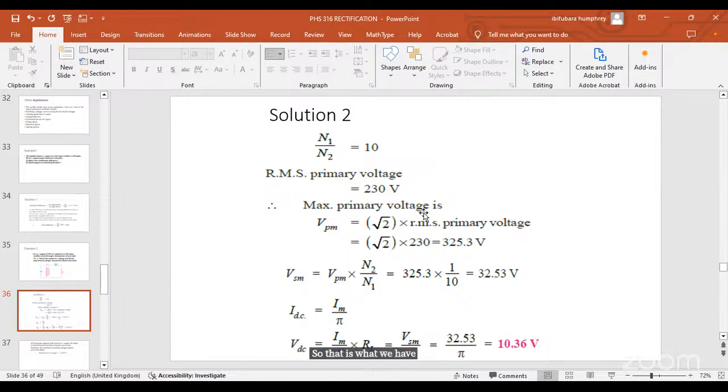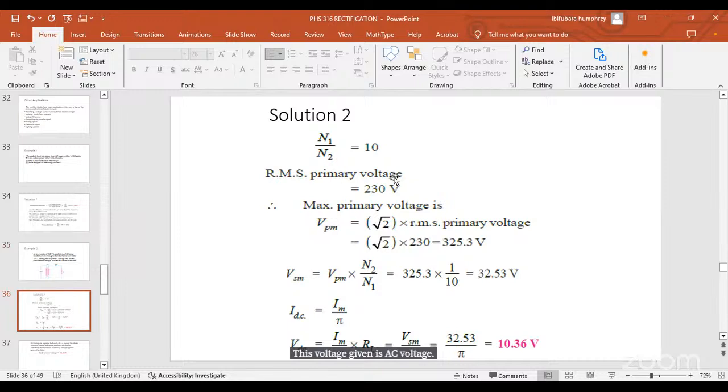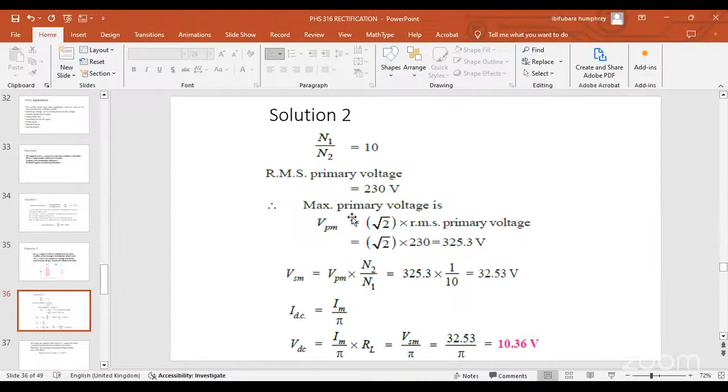But before we do that, this voltage given is AC voltage. We have to find the root mean square of that voltage. This is AC, which is the root mean square. So we have to find the equivalent of that voltage, the primary voltage, which is the Vmax.